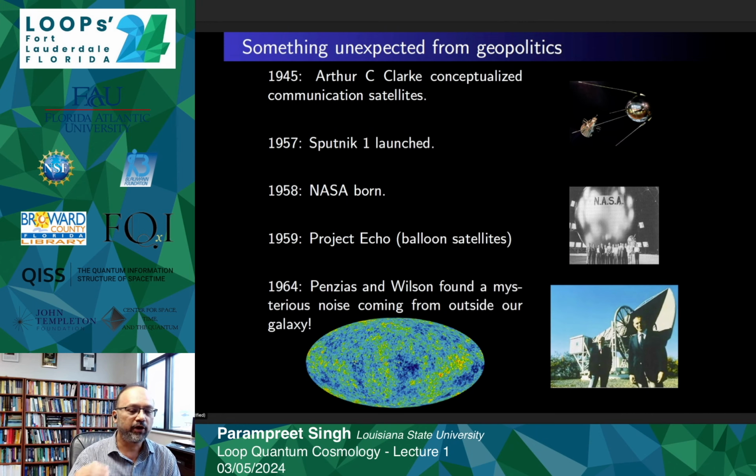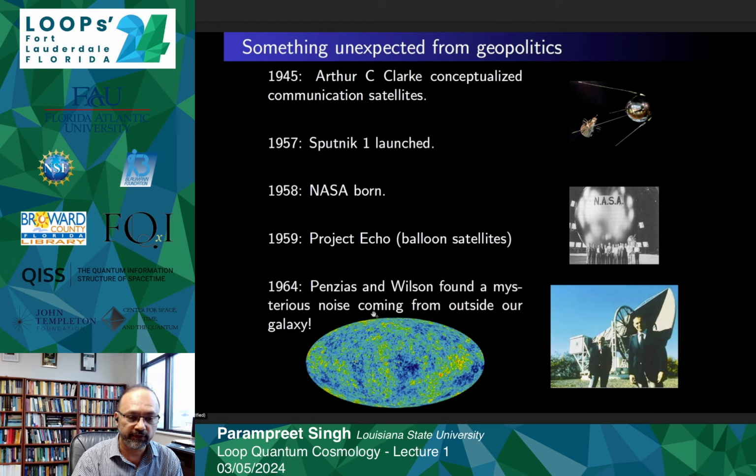They were not able to understand one very mysterious noise, which was not going away even after taking care of everything, including the bird droppings on these horn antennas. It turned out that the noise was coming from outside our galaxy and was nothing else than the cosmic microwave background. So this was just one good side effect of the geopolitical race between the Soviet Union and the US at that time.